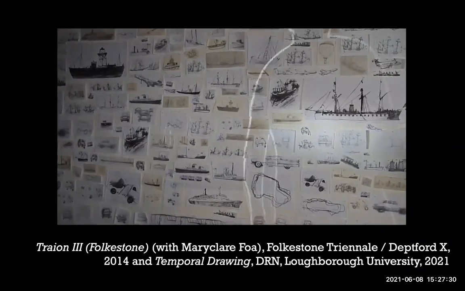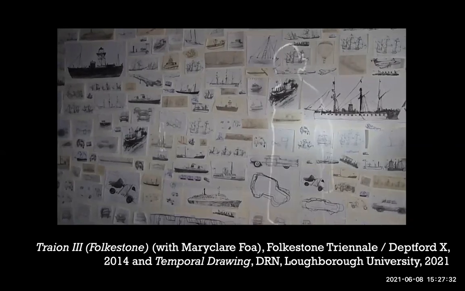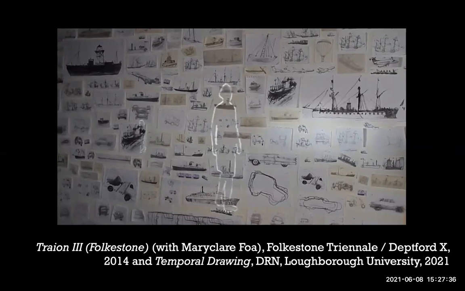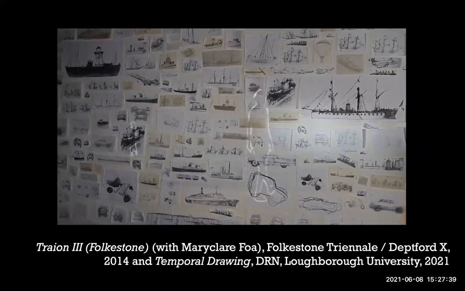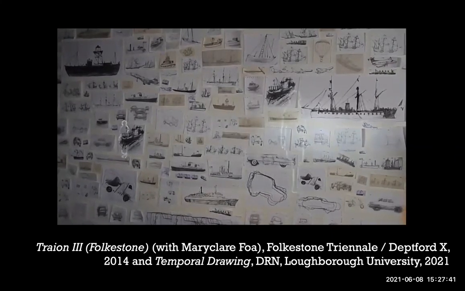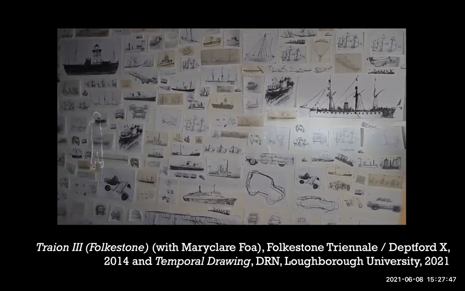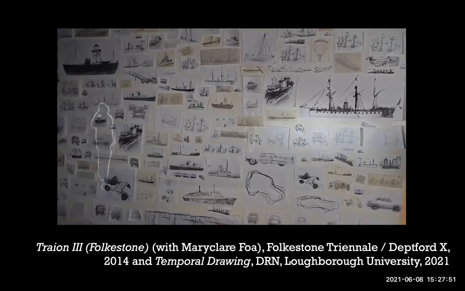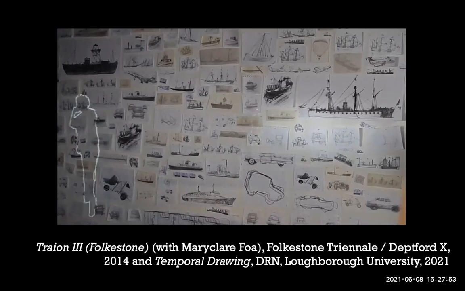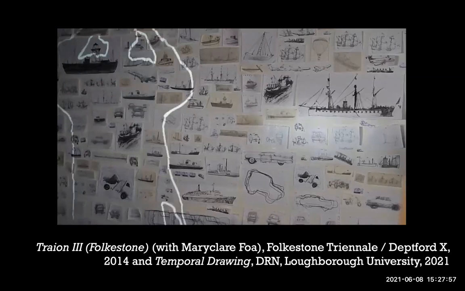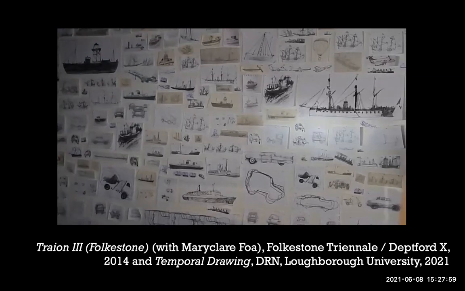In the original video that we made, we were walking up a hill, so there'd be a change in perspective. And we wanted to get the look as if we were searching. We were constantly searching across all of these different modes of transport, restlessly walking back and forward in a continual loop, searching for someone to come home. So this was for the Folkestone Triennale, and the theme was Look Out that year.